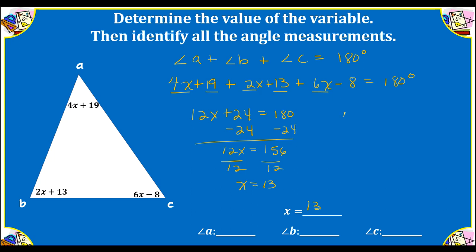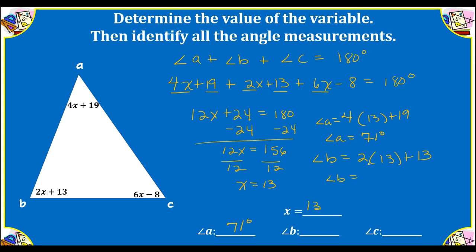So let's replace. Angle A is equal to 4 times 13 plus 19, so angle A is equal to 71 degrees. Angle B is equal to 2 times 13 plus 13.